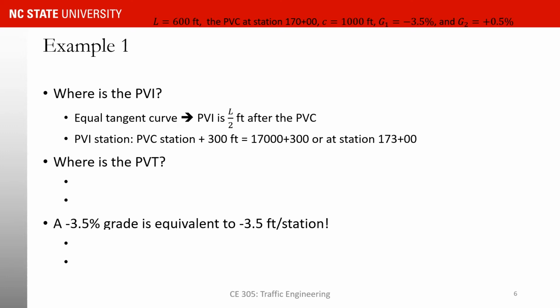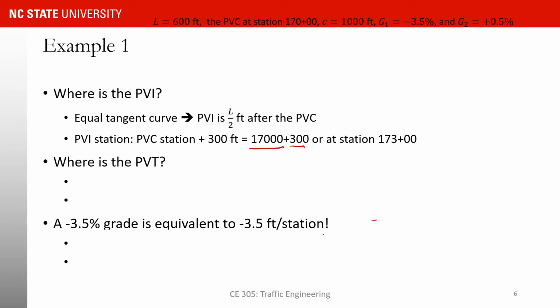So what we just need to do is to add 300 feet to the station of PVC in feet. So the station is 170 plus 0. If we convert that to feet, we just multiply that by 100. So 170 multiplied by 100 would be 17,000. We add 300 to that. So the station would be at 173 plus 00.